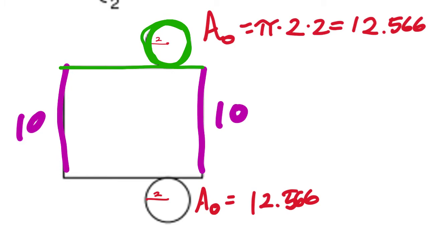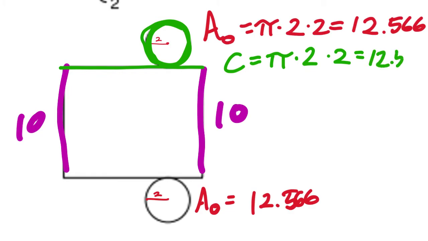So I just need to find the circumference, which is pi times 2 times the radius, and we do know the radius is 2. Sure enough, we found that already, 12.566. So this length right here is 12.566 units.